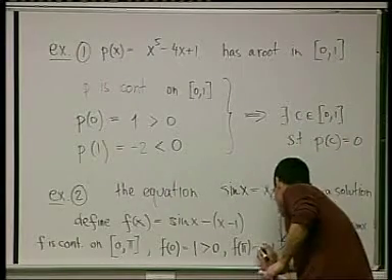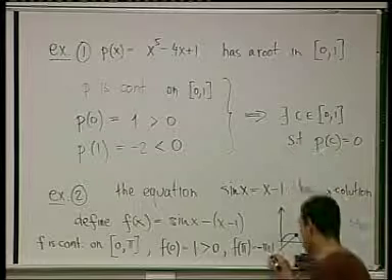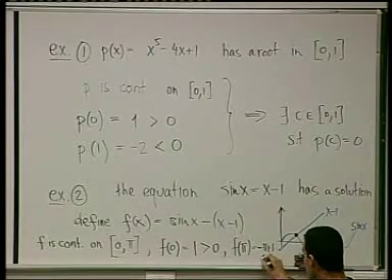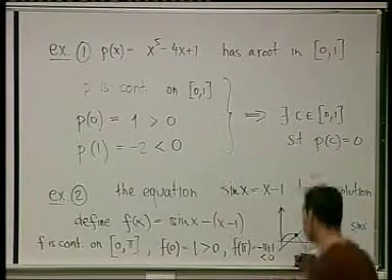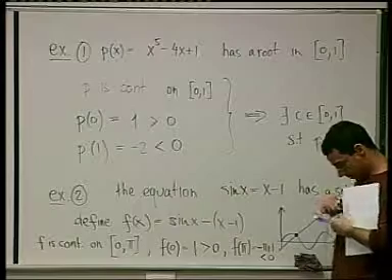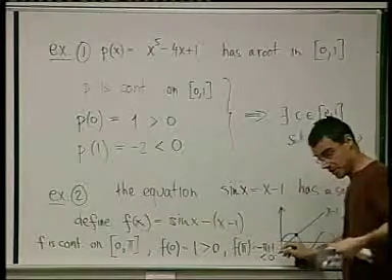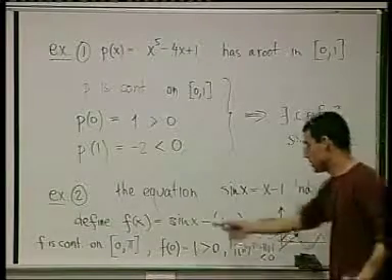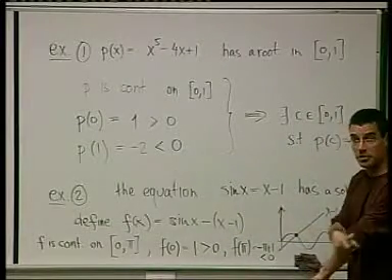So it's minus pi plus 1, and pi is about 3.14, right? So minus pi plus 1 is less than 0. There we go. So this is less than 0. Do you agree? Yes? So that's it. That's the conditions of the theorem.